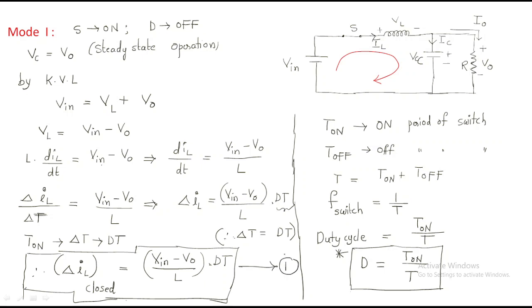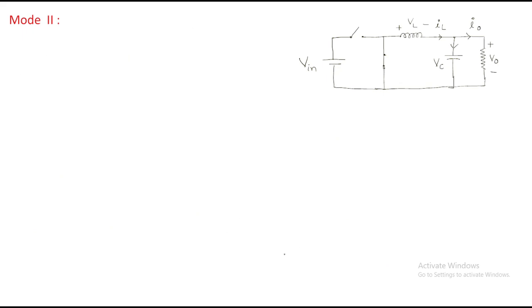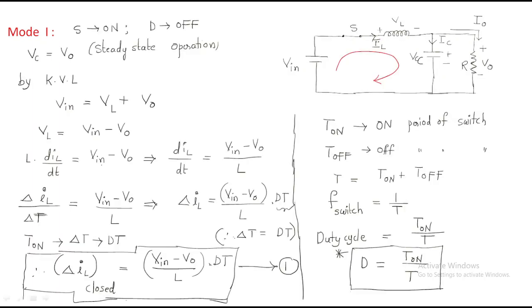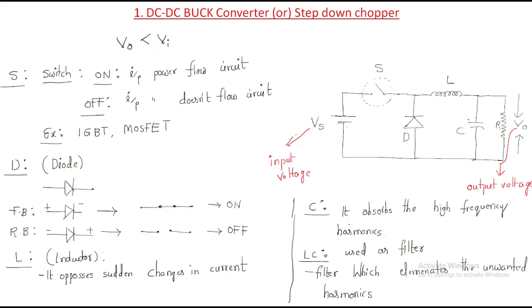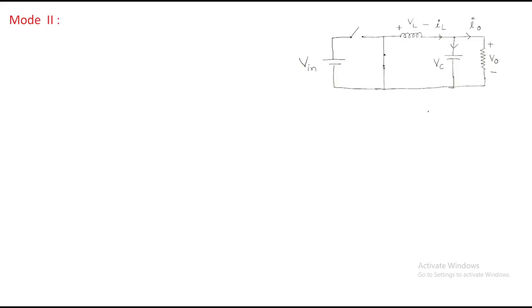Now we will discuss the mode 2 operation. In the second mode operation the switch is open, then the diode will be on, because a positive voltage will be applied here.